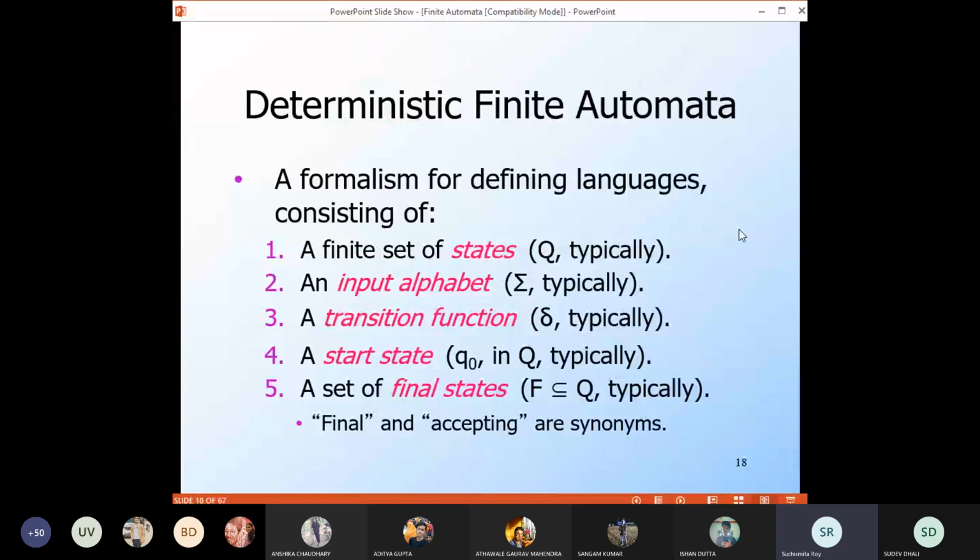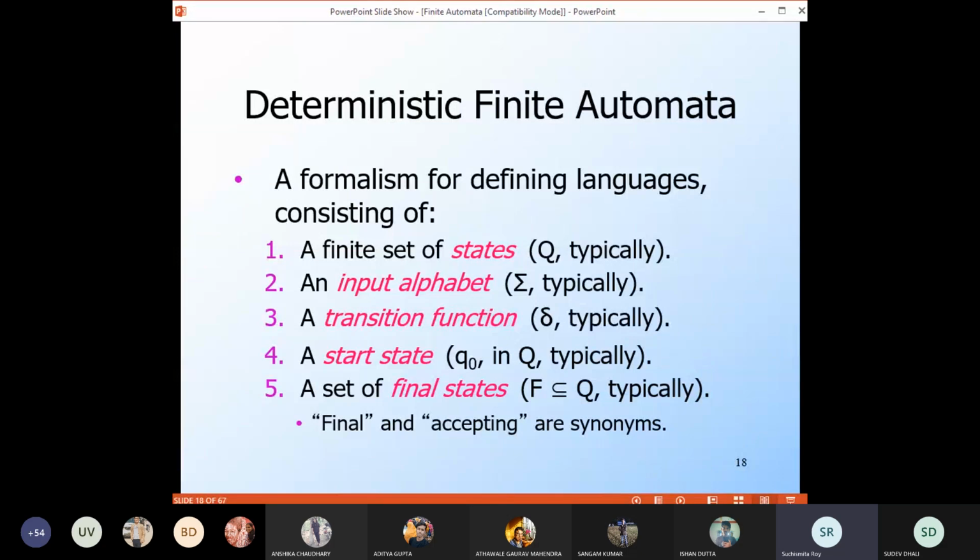In the previous class, we have seen that a deterministic finite automata, or DFA for short, can be completely represented if you specify these 5 things. That is Q, which is the set of states. It has to be a finite set of states, otherwise it will not be a finite automata.